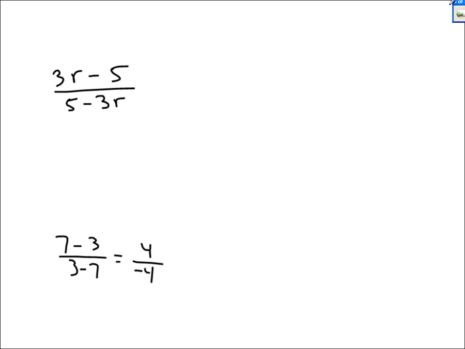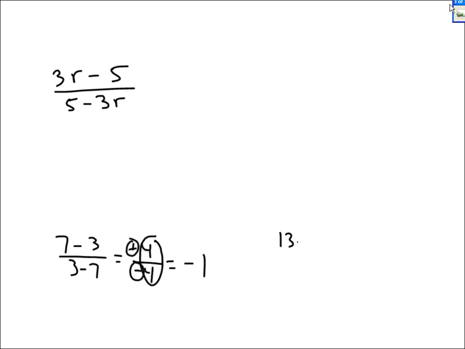Look at this one. Suppose you have 3r minus 5 over 5 minus 3r. If r is 3: 3 minus 7, the top is 4, the bottom is negative 4, and positive divided by negative is negative, and 4 over 4 is 1, so negative 1.